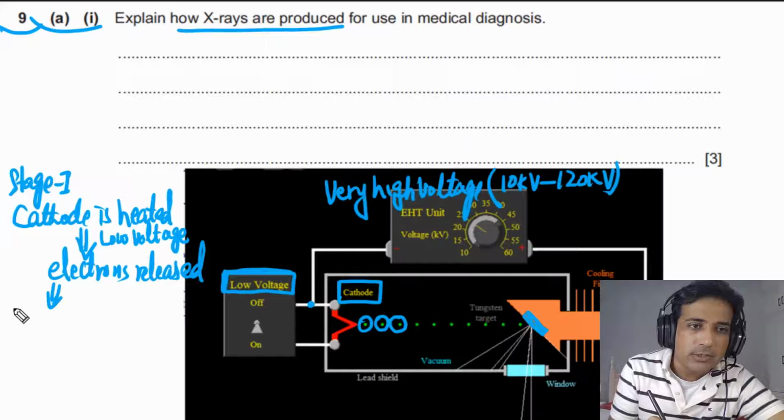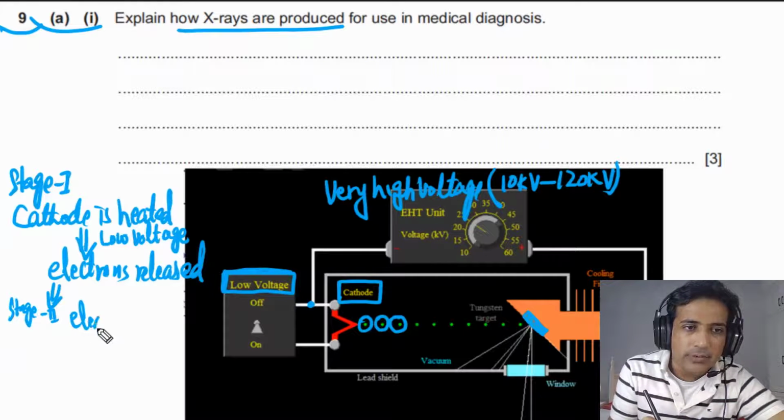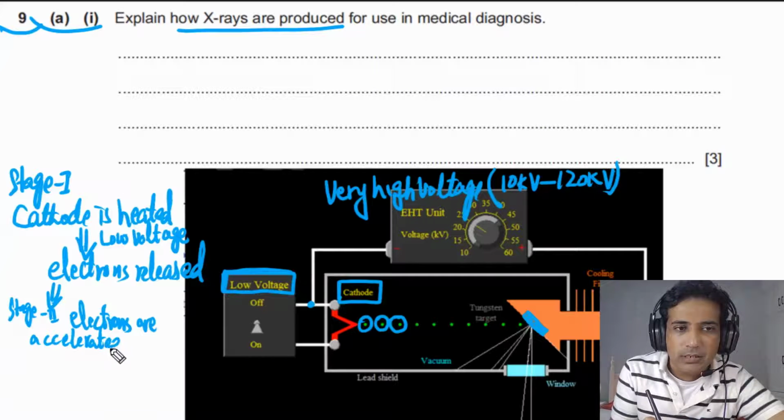So in the second stage, electrons are accelerated using high voltage.